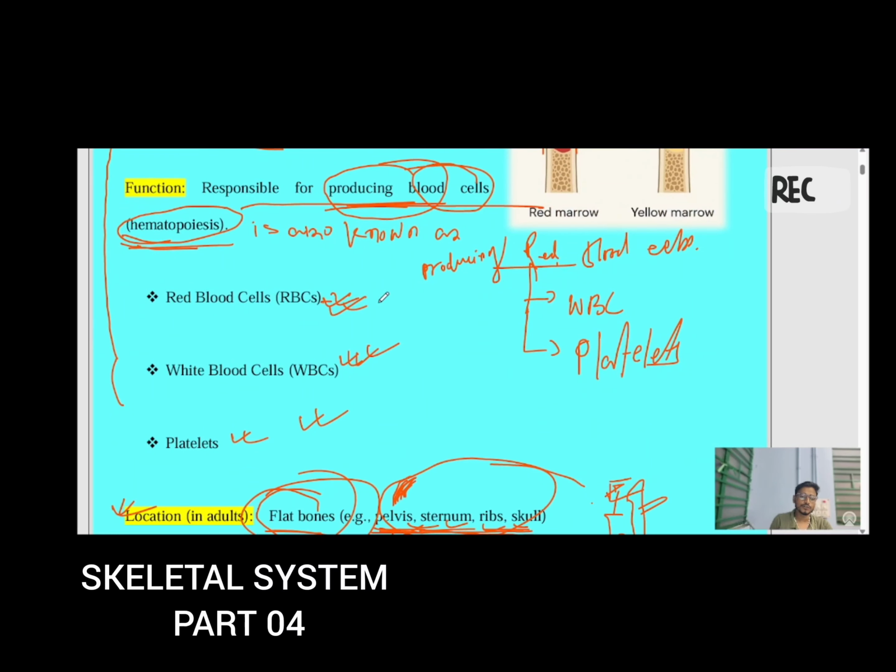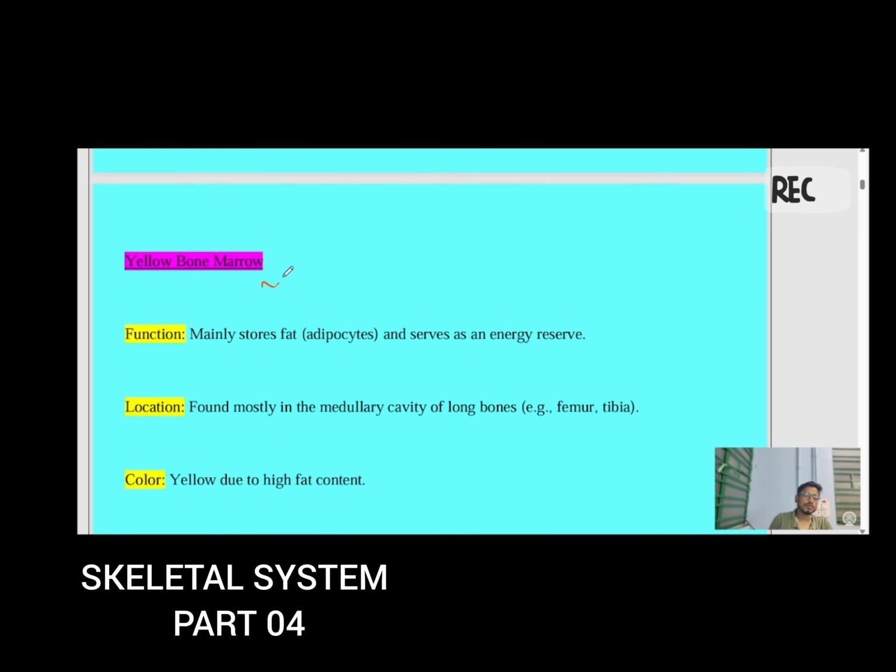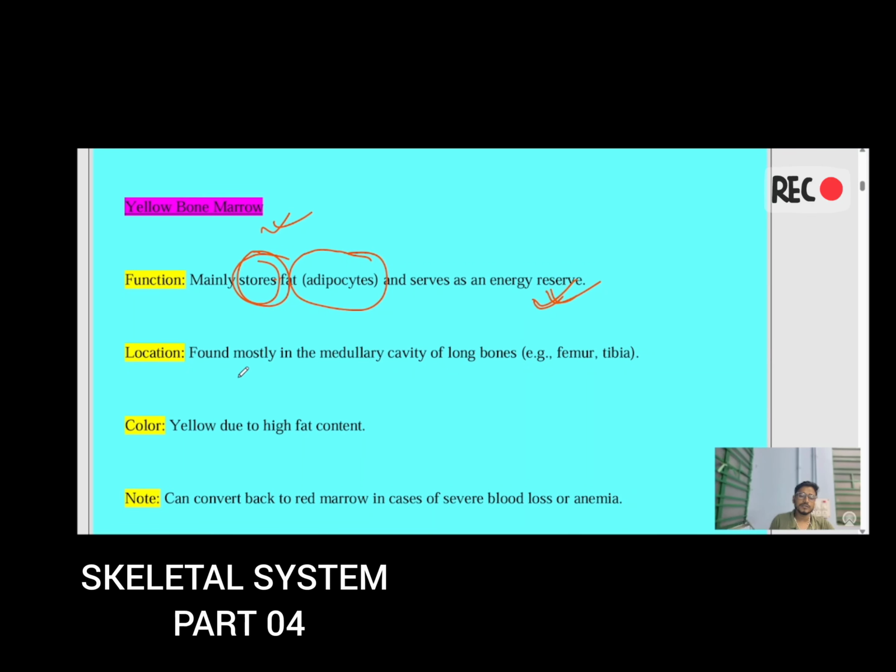Two or three questions came from here. Now about the yellow bone marrow, what actually is yellow bone marrow? Yellow bone marrow mainly stores fat. Earlier, at the start of my video, I said why yellow bone marrow is inactive: because it stores fats and adipocytes, and serves as an energy reserve. It is found mostly in the medullary cavity of the long bones, like the femur and tibia.